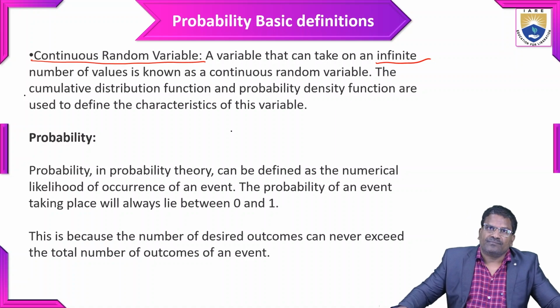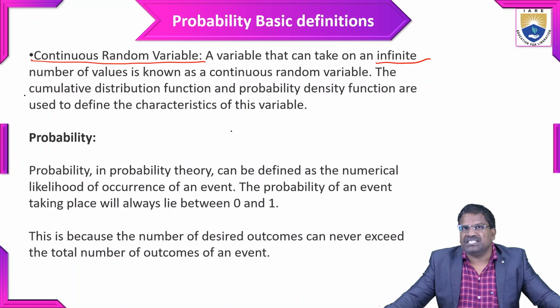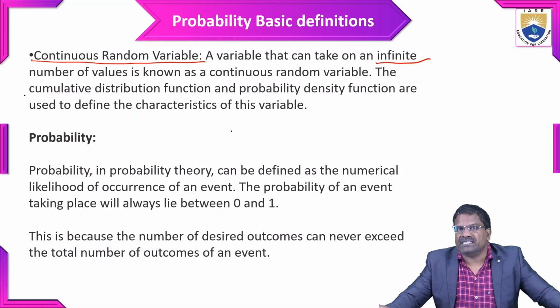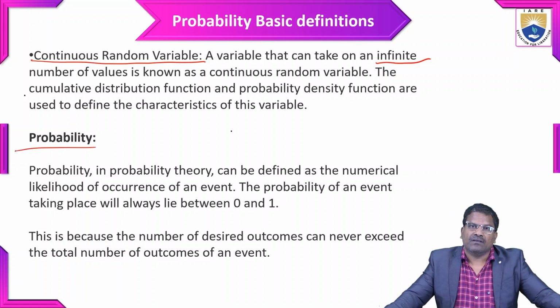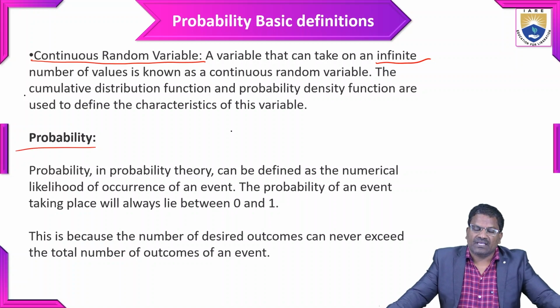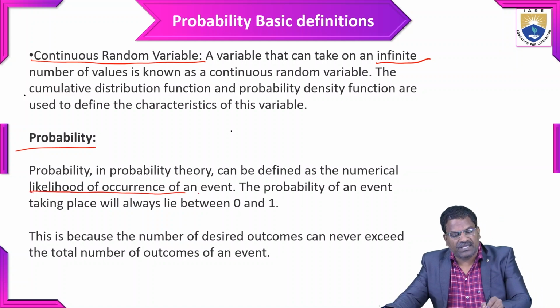Now, using the terminology and knowledge of all these basic terms, let us try to define the key term probability. Probability in probability theory can be defined as the numerical likelihood of occurrence of an event.